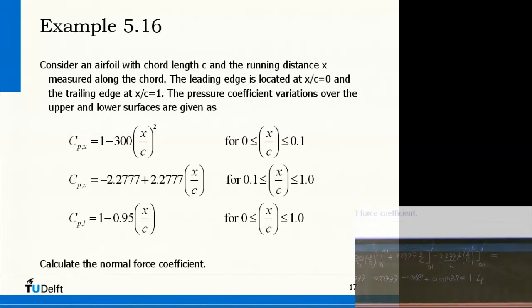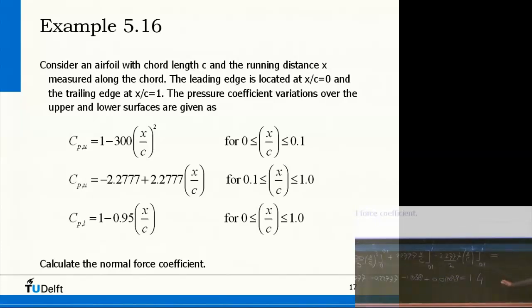Yeah? Well, this is just calculator stuff. Or you can do it by hand even, I think. What does this mean? That the normal force coefficient on this section of unit span is 1.4. So it's the normal force is 1.4 times, right?